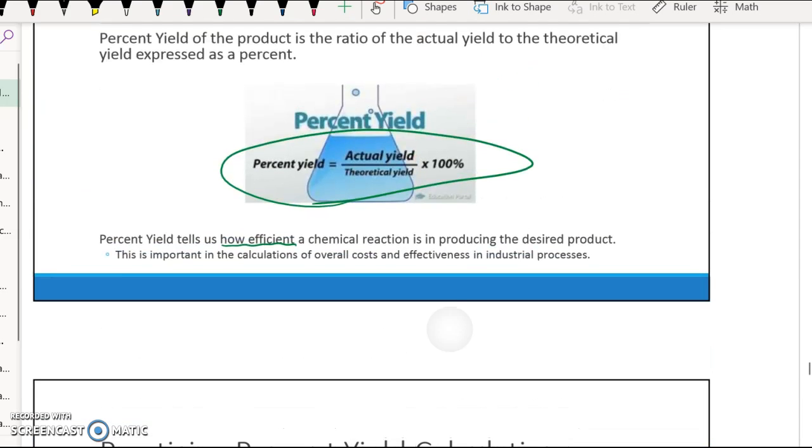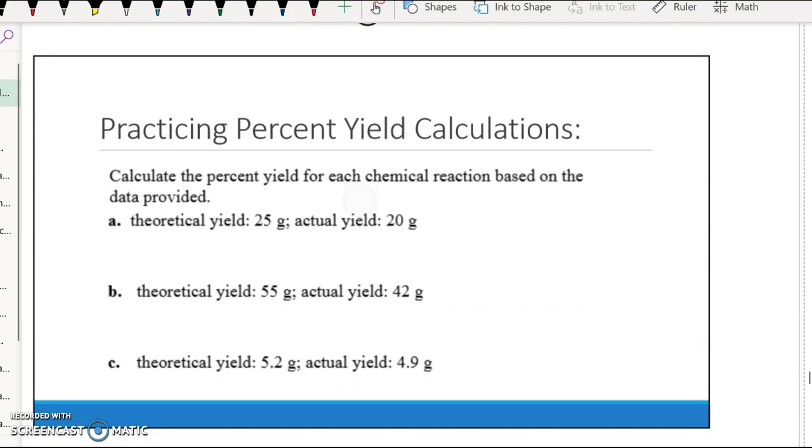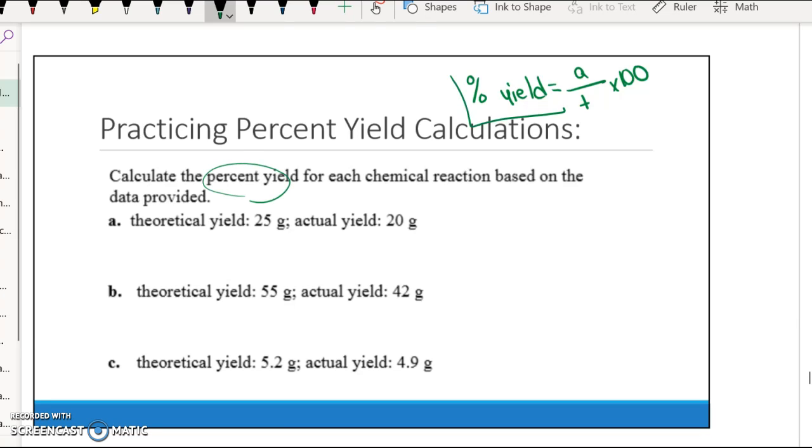So if it's helpful, we'll write percent yield equals actual over the theoretical times 100. So calculate the percent yield. We're solving for that for each of these. So I give you a theoretical yield of 25. Remember, that's what goes on the bottom.